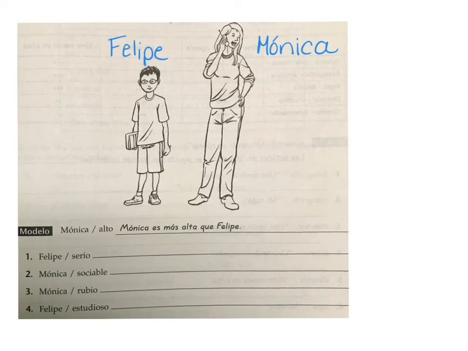Here you have numero uno, Felipe and Sergio. We would say Felipe es más serio que Monica. Serio can stay with an O on the end because we're describing Felipe.